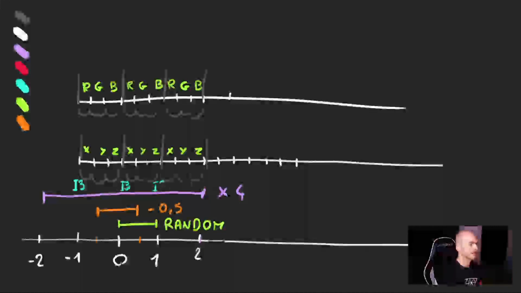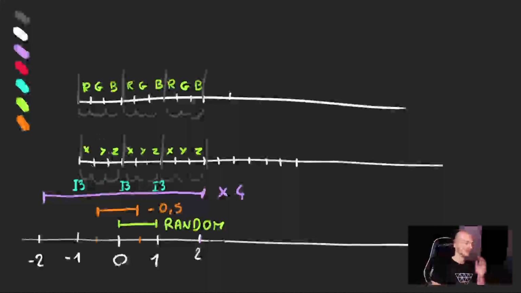So if I want to access the y property, it's going to be i3 plus 1, and I will get this one. If I want to access the x, it's just i3 plus 0, or just i3. And if I want to access the z, it's i3 plus 2. Okay.